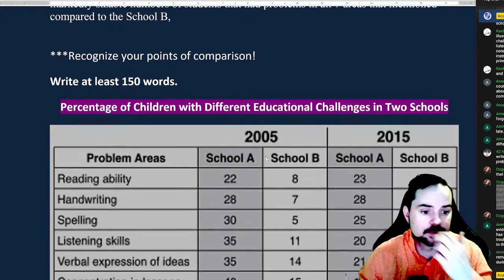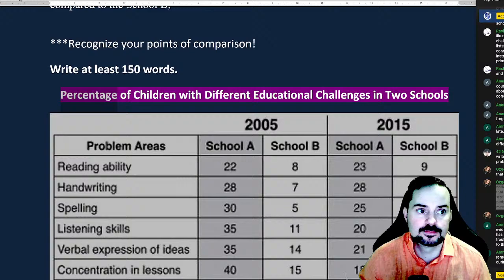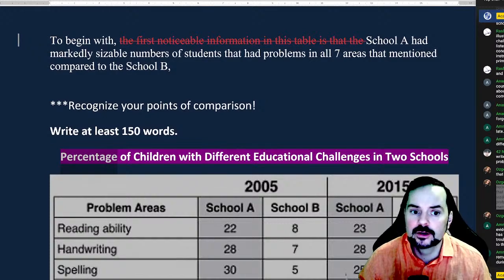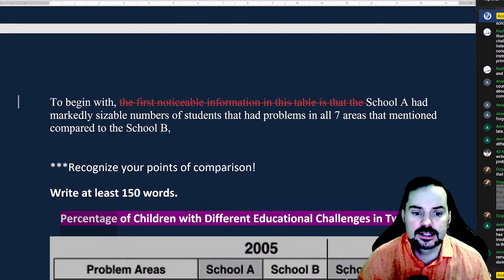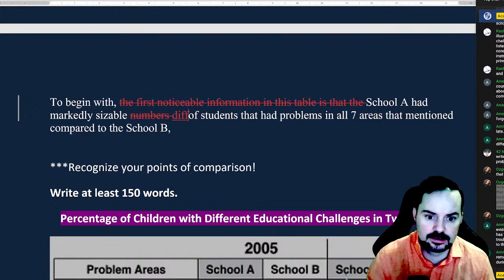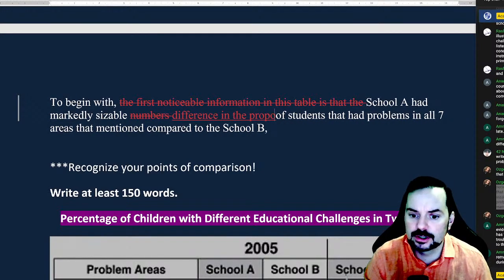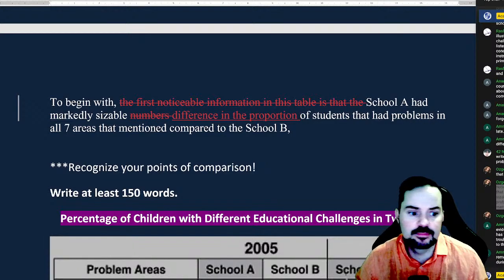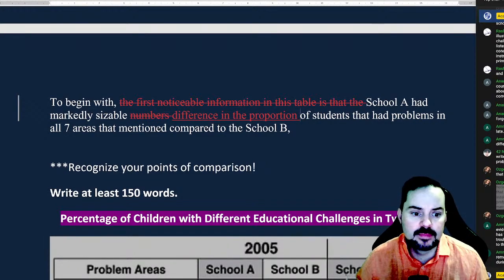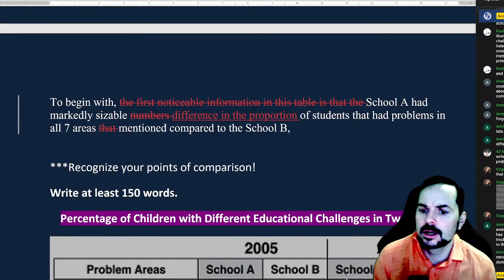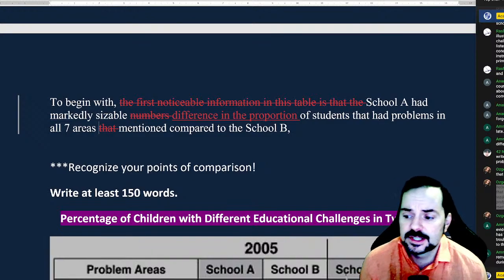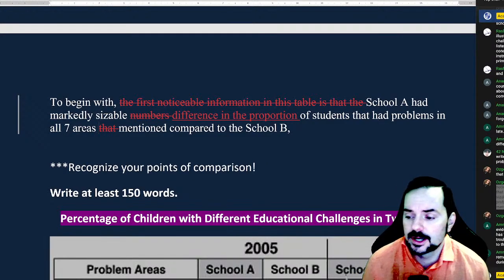These are not numbers. Be very careful, Oz. It's percentage. So it could be hundreds of students or it could be just 10 students. We don't know that. We just know the percentage, okay? So School A had markedly sizable difference in the proportion of students that had problems in all 7 areas mentioned compared to school B. So Oz, if I'm not fixing this, it's like a band 5, okay?